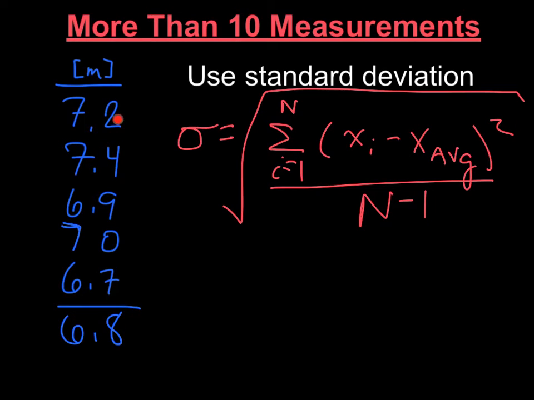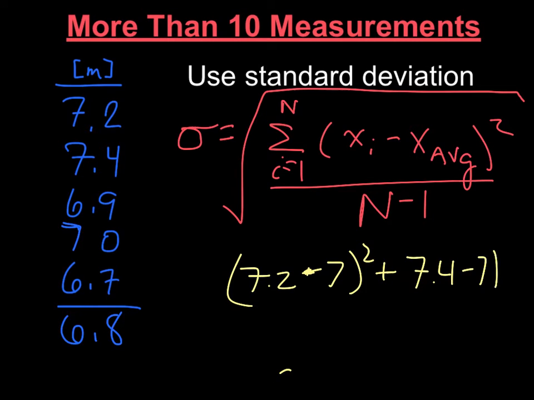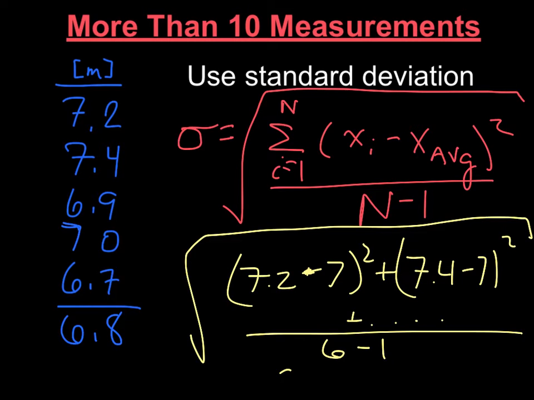So xi would just be x1, 2, 3, 4, 5, all the way up to n points, big N points. So if I were to do this, this would be 7.2 minus 7 squared plus 7.4 minus 7 squared plus and so on, all over, I had 6 measurements, so this would be 6 minus 1. Again, only use it when you have more than 10 measurements. That equals your standard deviation.